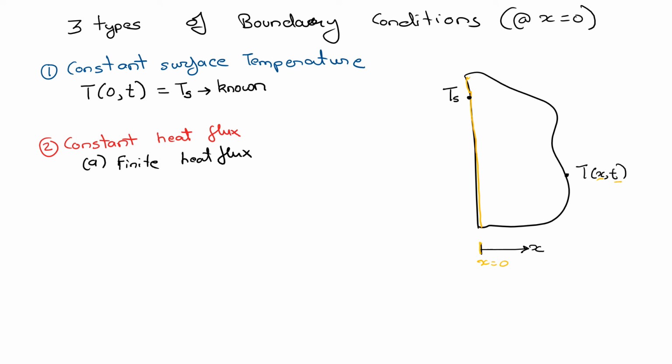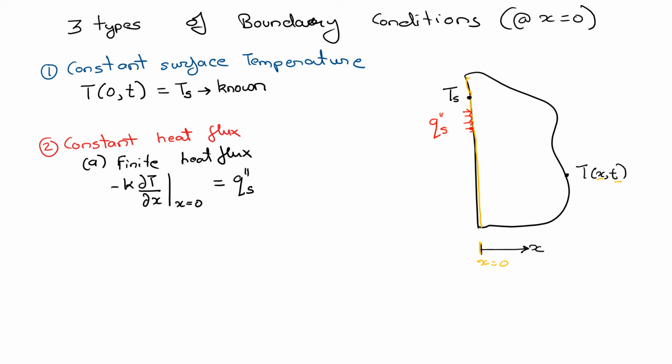You will write it as thermal conductivity times the derivative of temperature at x equal to 0 is a known finite heat flux q double prime s. So your second boundary condition says that your surface here is at a constant heat flux of q double prime s.